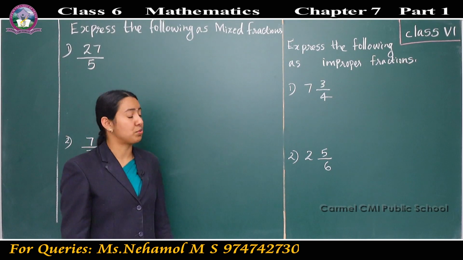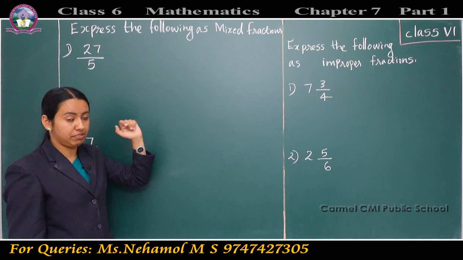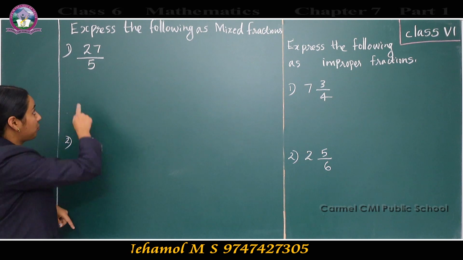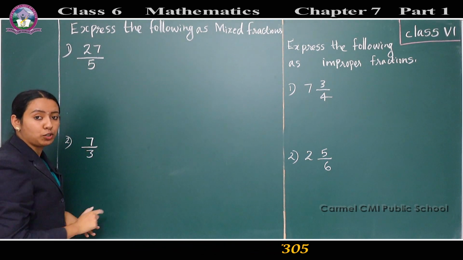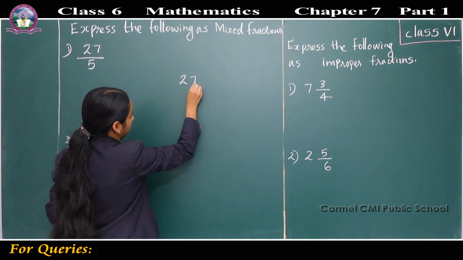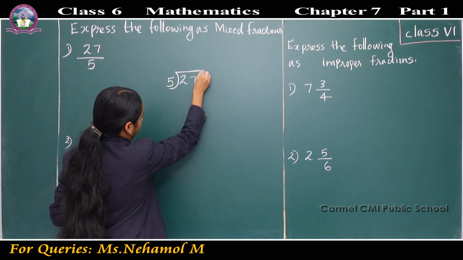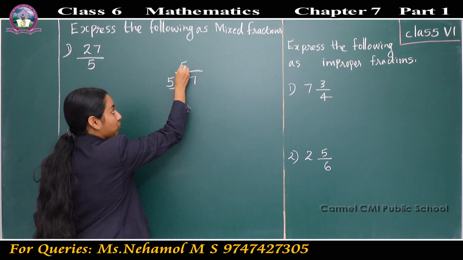Now, we can solve some questions. First one, express the following as mixed fractions. First one, 27 by 5. This is an improper fraction. We can convert it to a mixed fraction. How many 5s are there in 27? 5 5s are 25.